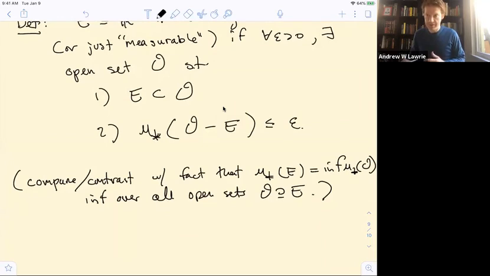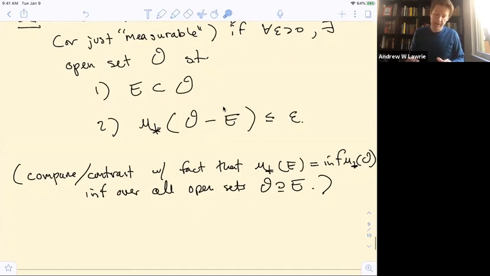This requirement is different from just giving this characterization of exterior measure. And in particular, this is going to be enough to exclude the weird non-measurable set that we constructed in the beginning.